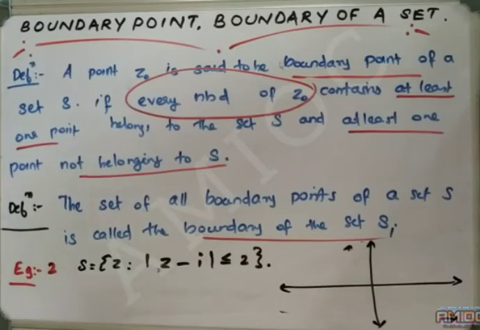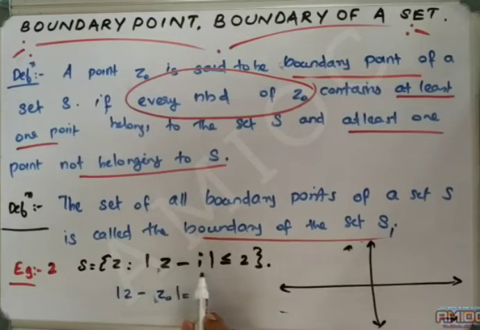Here we define the set S as the set of all z satisfying the property mod z minus i less than or equal to 2. And mod z minus z naught equal to rho is the equation of a circle centered at z0 and of radius rho.